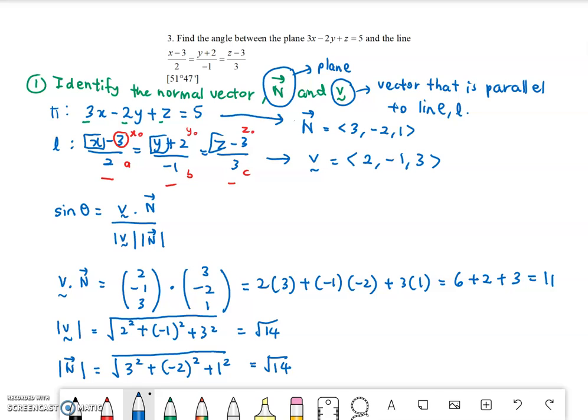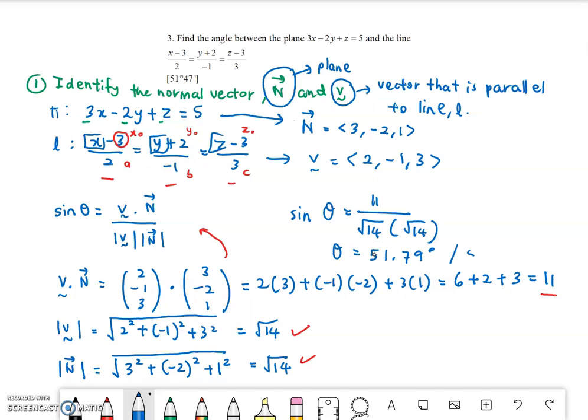So substitute all these values of the dot product and the magnitudes into the formula. So we have sine theta equal to 11 over square root of 14 times square root of 14. So our theta will be equal to 51.79 degrees, or we can write it as 51 degrees 47 minutes.